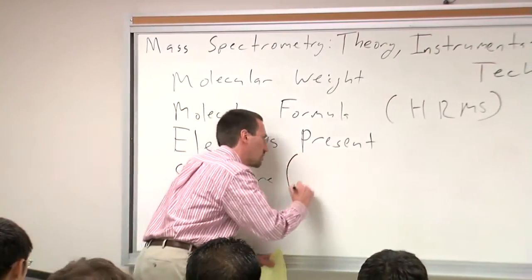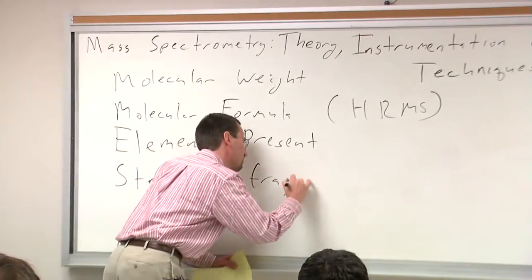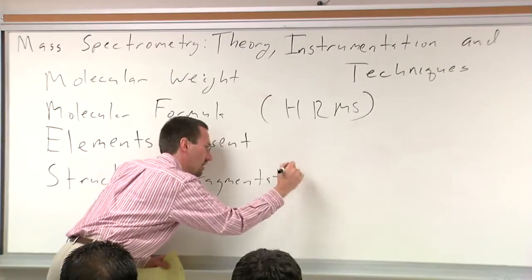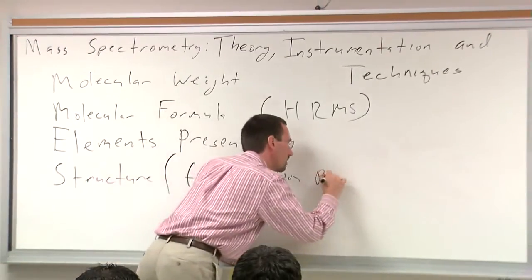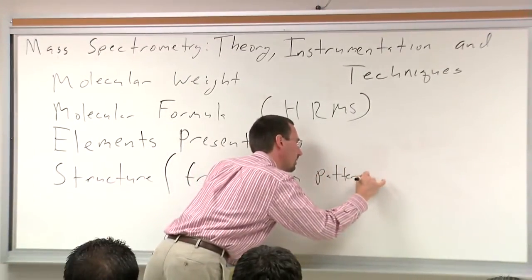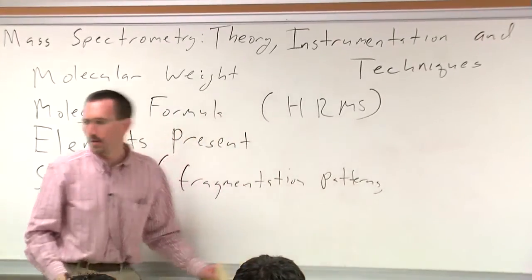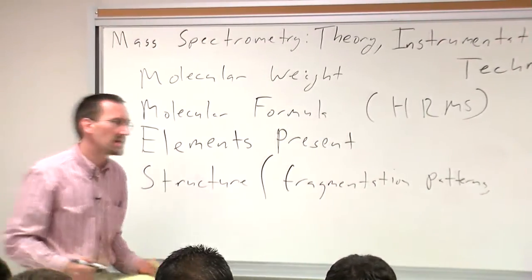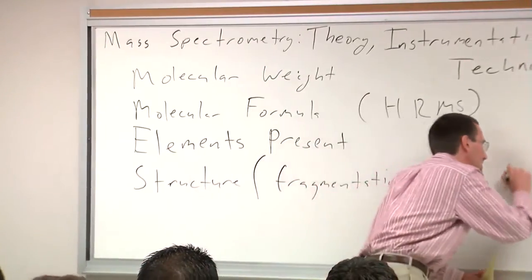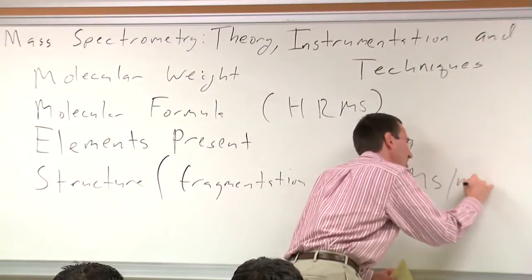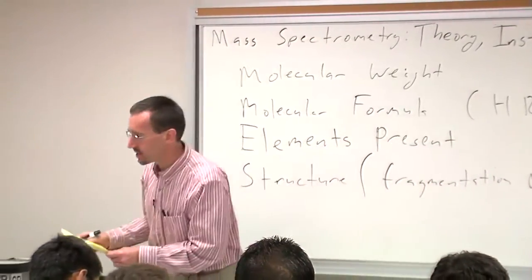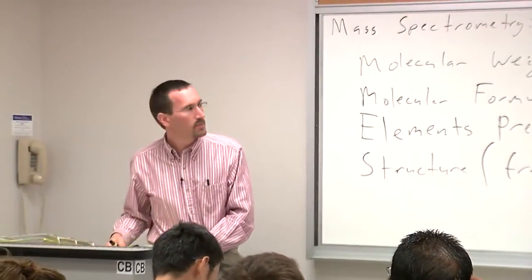You can get structure through fragmentation patterns, which, as I said, we'll be talking about a little bit in our third lecture. And in biomolecular cases, through techniques like MSMS, where you're actually taking ions and deliberately bashing into them and smashing them and seeing how they break up.